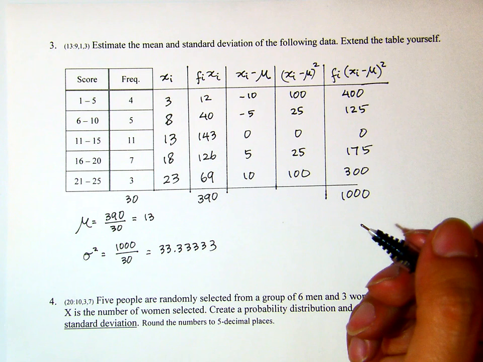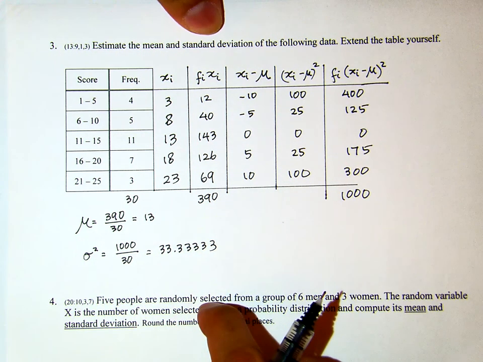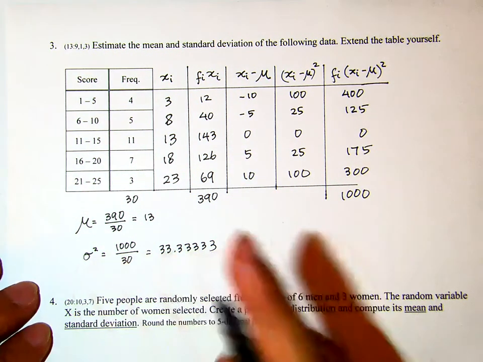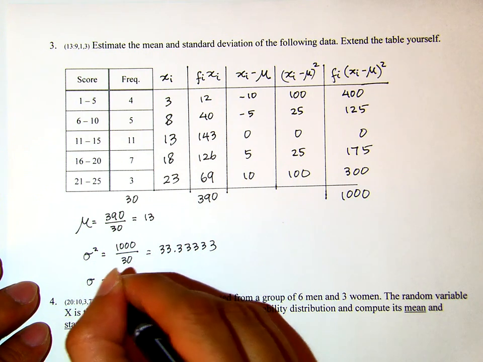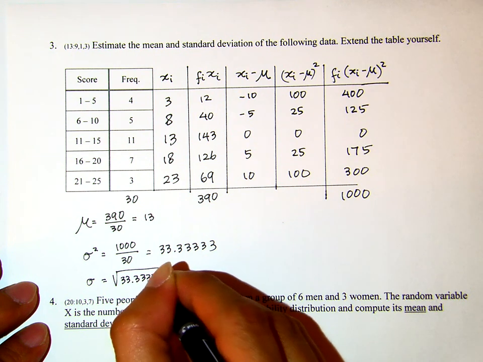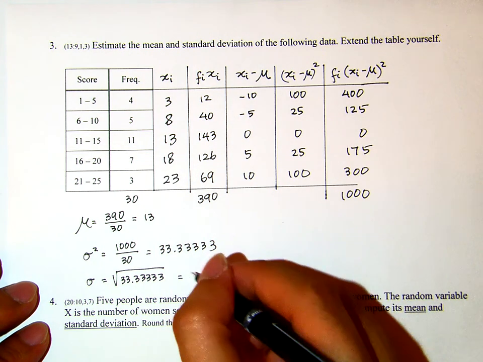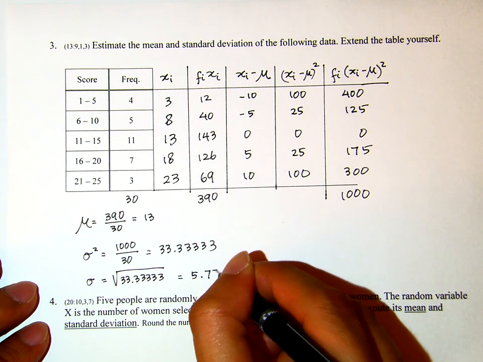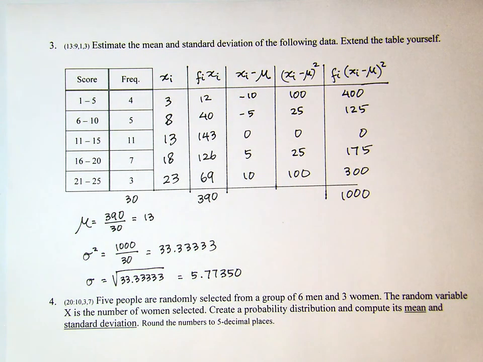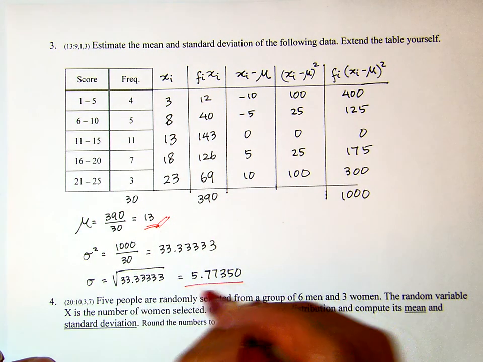But we are not done yet. The one in question is estimate the mean, which is the mu in this case, and the standard deviation. What we have here is the variance, right? To find the standard deviation, I take the square root of the variance, and we will get 5.77350, rounded to 5 decimal places. So the mean will be this, and the standard deviation is this one.